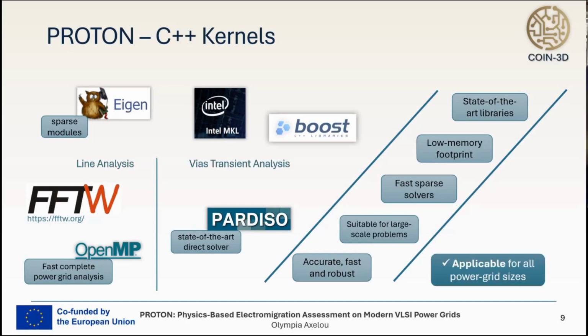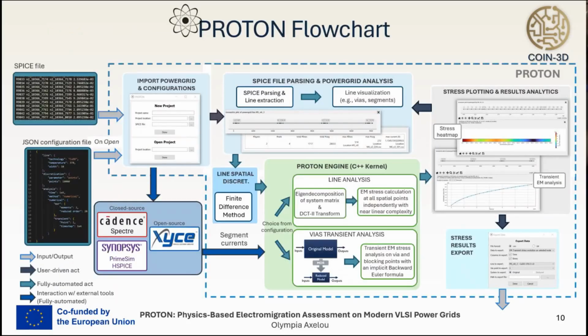So as a result, the methods that are incorporated into Proton, along with the libraries used for their implementation, make Proton an excellent choice for efficient and trustworthy EM analysis that is applicable to all power grid sizes while offering robust analysis.